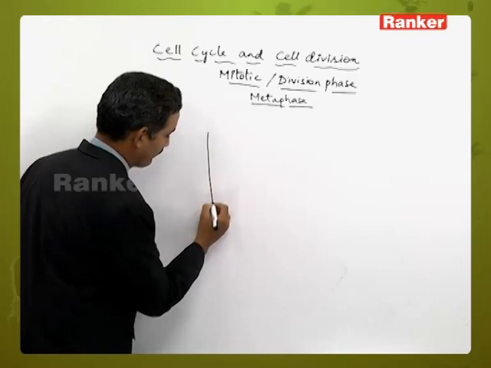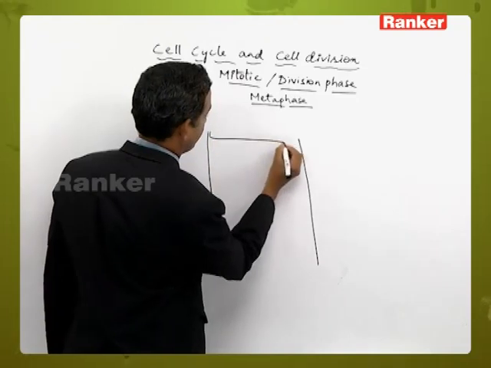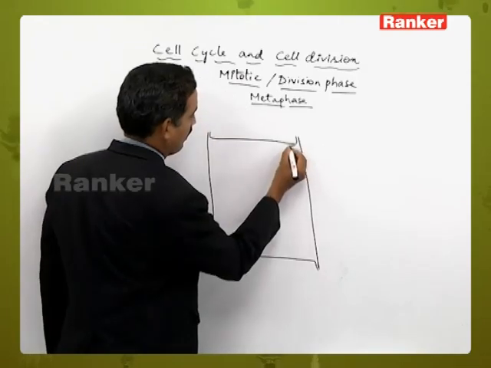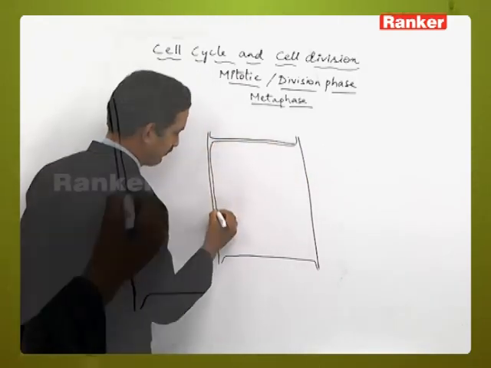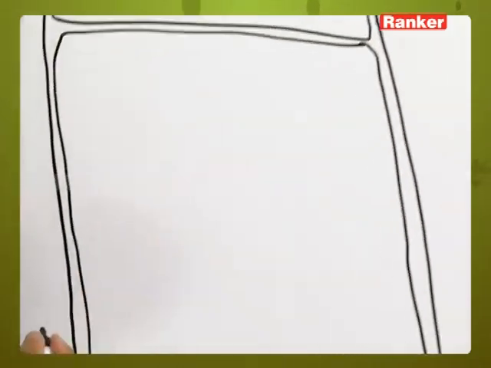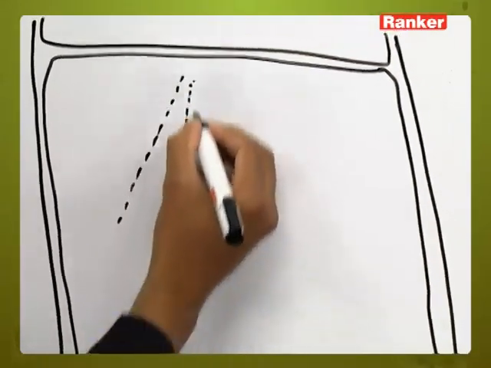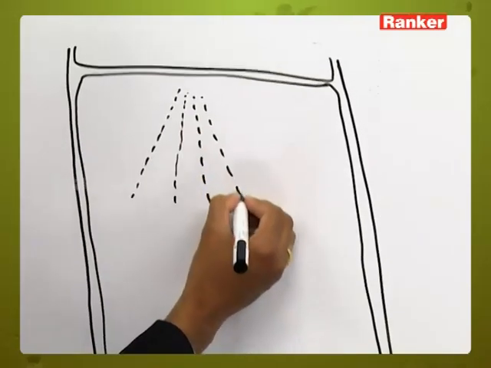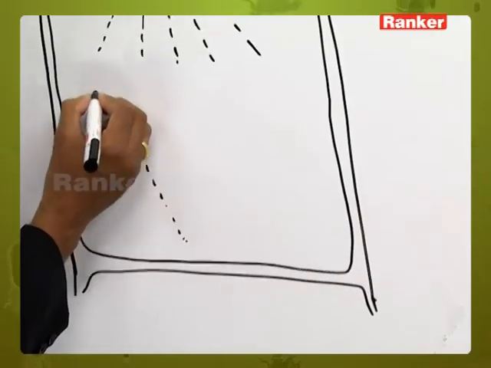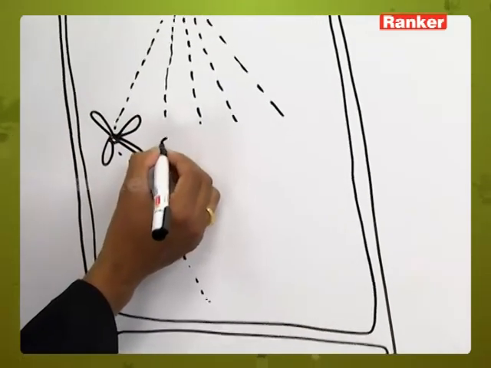Consider the cell, which has the cell wall and plasma membrane. Here the spindles have been formed. Like this, they will reach up to the center, where they come and attach to the centromere of the chromosome.